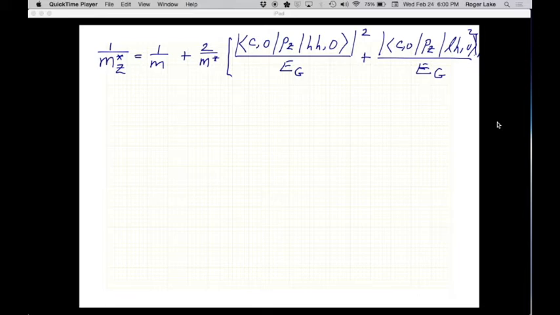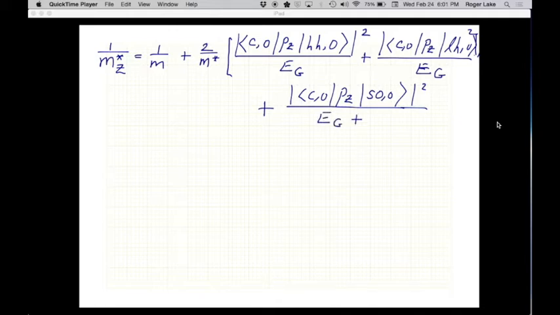And plus, well, the third term, due to the split off band, matrix element squared, C0, PZ, split off, over the energy difference, which is EG plus delta, your spin orbit splitting. So those are the three terms in that sum.